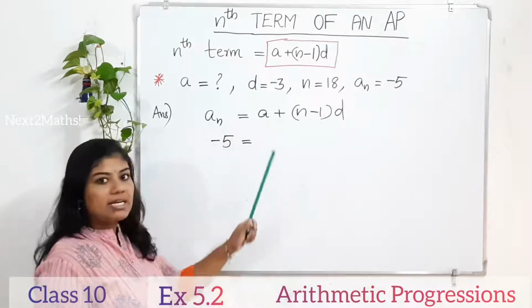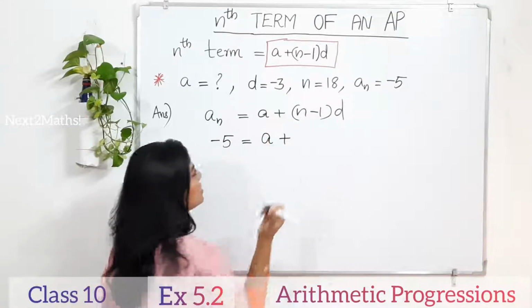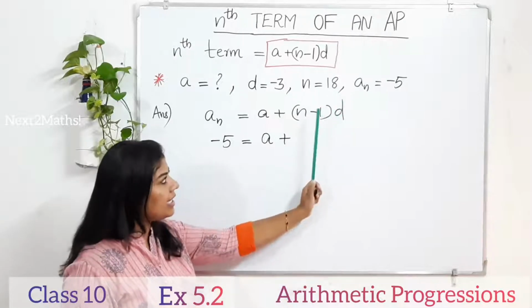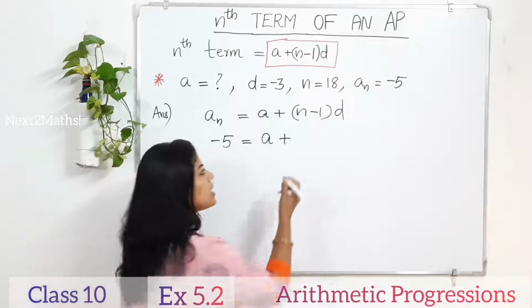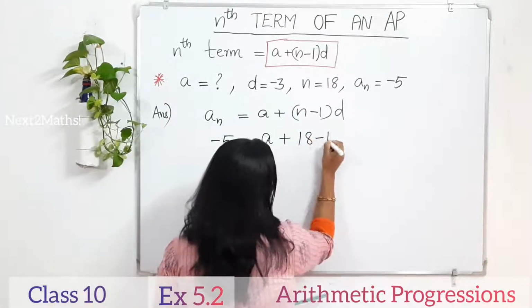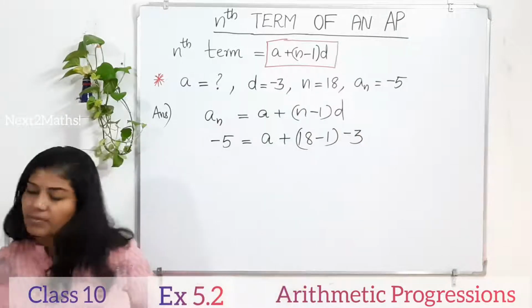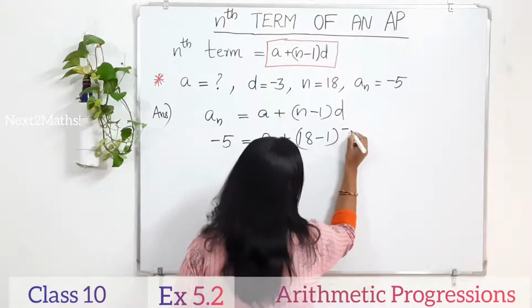And what is the first term? The first term is not given, so we write a plus, what is n? n is 18. So you can directly write 18 minus 1 into, what is d? Negative 3. Just apply the values. Here it's not minus; your d is negative 3.